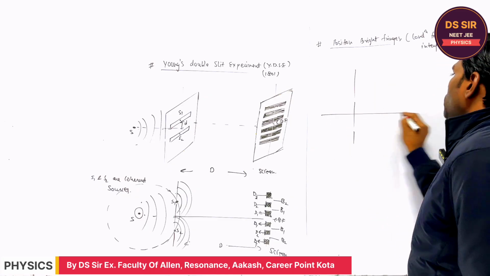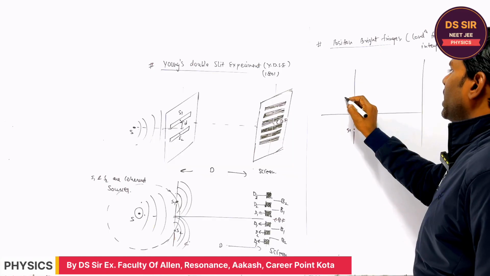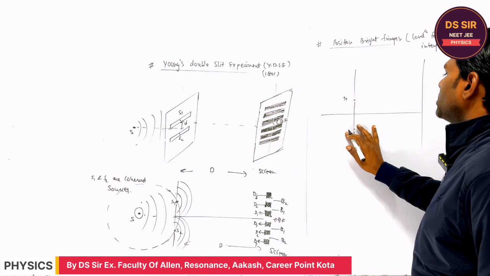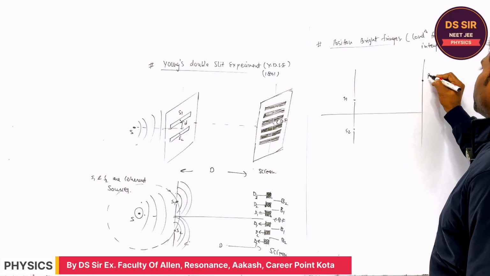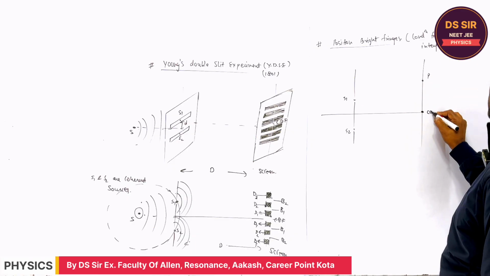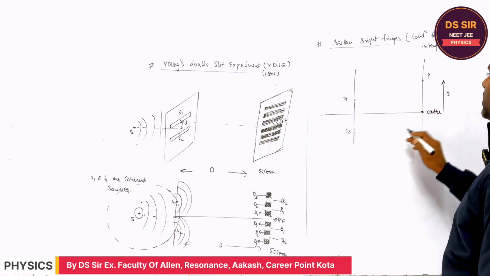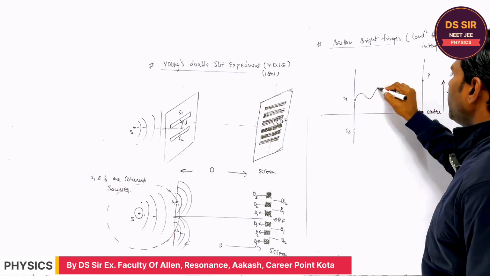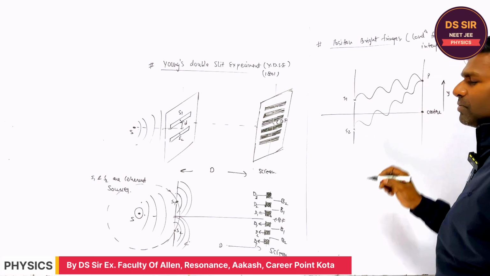So how to do that? Listen, suppose these are the two sources of light, S1 and S2. Now if you consider a point P, this is the center of the screen, and this distance is supposed to be y. So from here one wave is reaching, from here another wave is reaching.